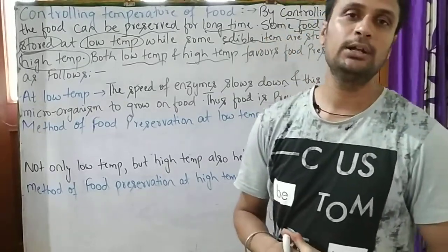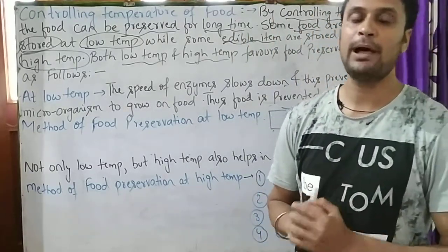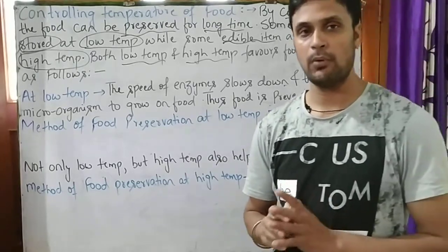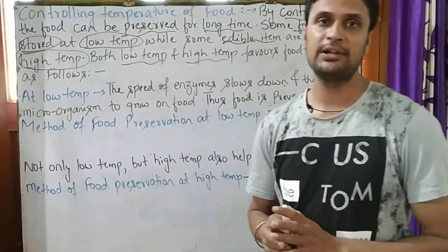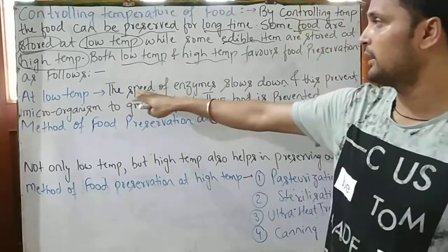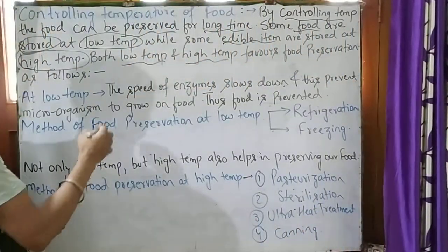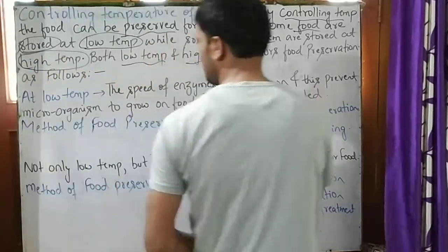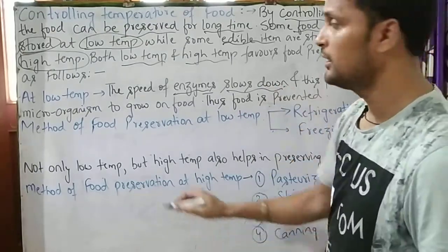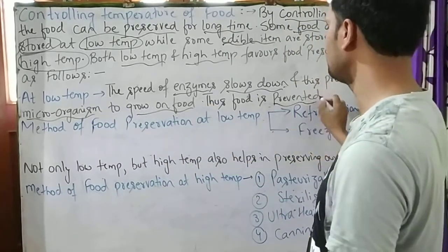At low temperature the activity of enzymes slows down, and this prevents microorganisms from growing on our food, and thus the food is prevented from getting spoiled.